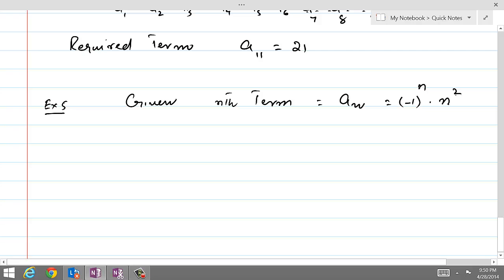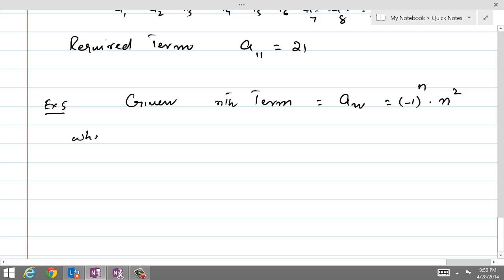Now when the nth term is given, it's very simple to find out the first, second, third, fourth term. So when an is given, let's write down the values for n.